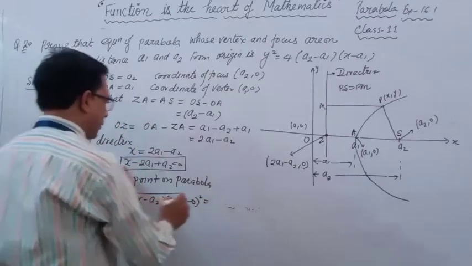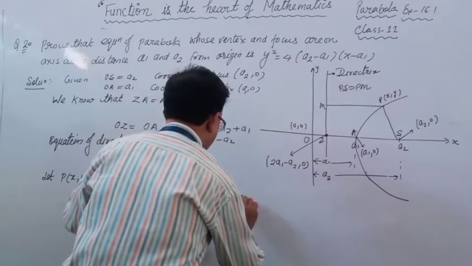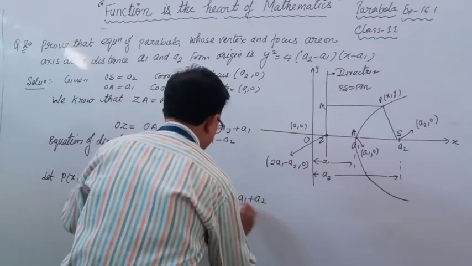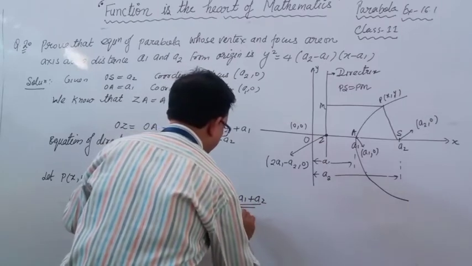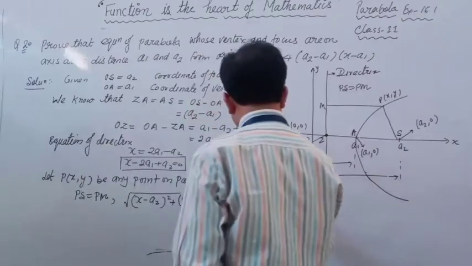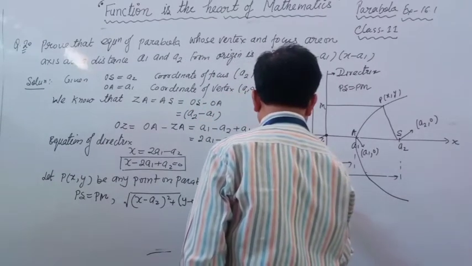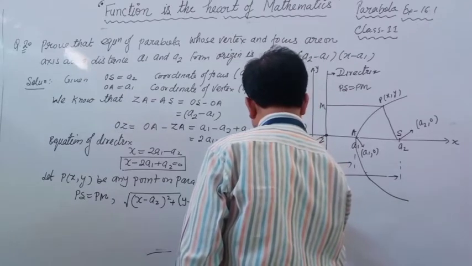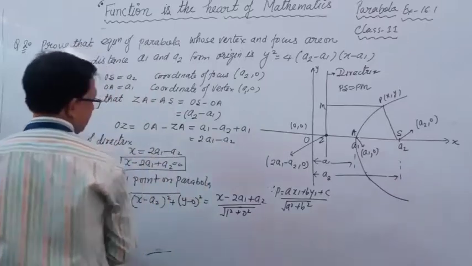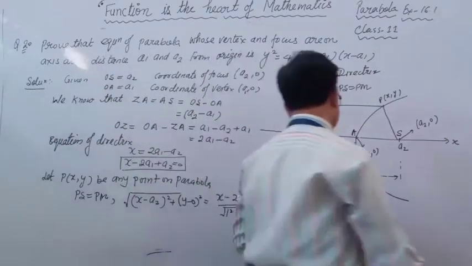PM is the perpendicular distance from this line, so this is x minus 2a1 plus a2, with the coefficient of x being 1 and y not present, so 0. Here we apply the formula d equal to |ax1 plus by1 plus c| upon square root of a square plus b square. Note this for the solution of the question.